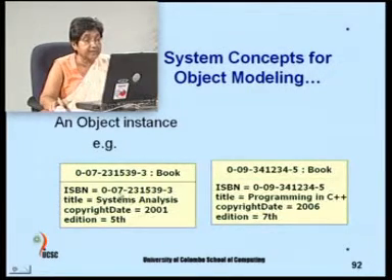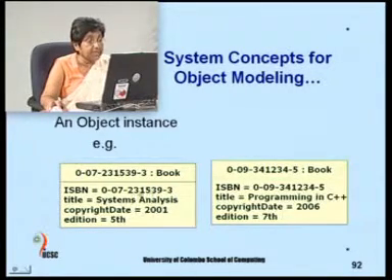This one says 007 231 5393, whereas in this particular book it is a different code. So, ISBN varies from book to book, and therefore it is the key to identify one single instance of a book. Here the title is Systems Analysis, and this is Programming in C++.